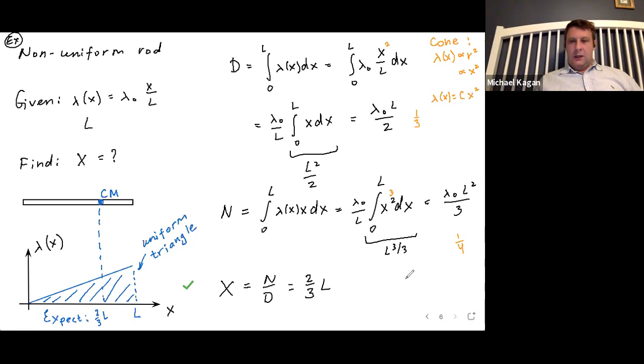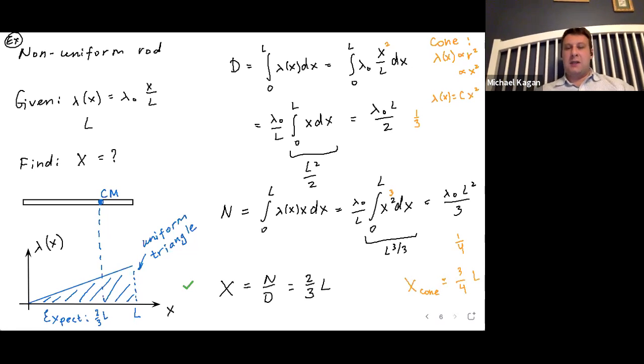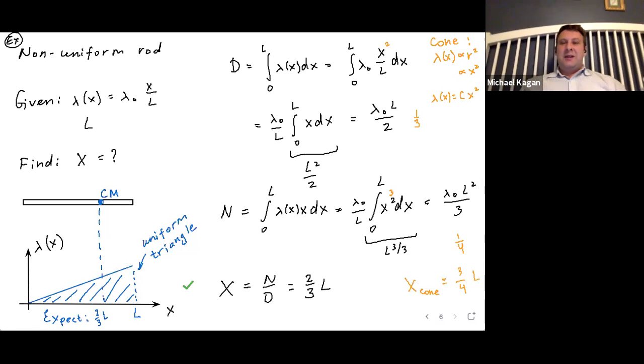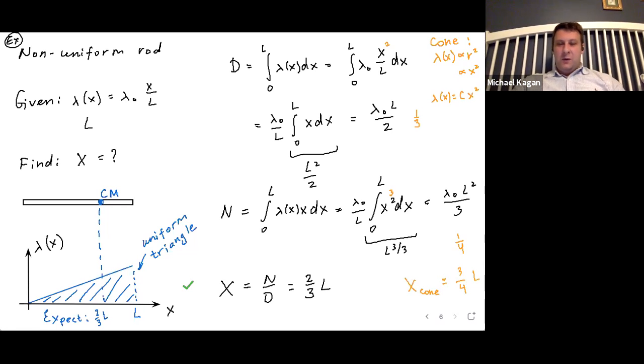And the answer for the cone would be, well, I would say 3 over 4, right? 3 over 4 L. Does that make sense, folks? And again, look, we didn't compute the three-dimensional integrals that you would have to do if you were to do it rigorously. But yes, you can handle cones now, 3D objects.